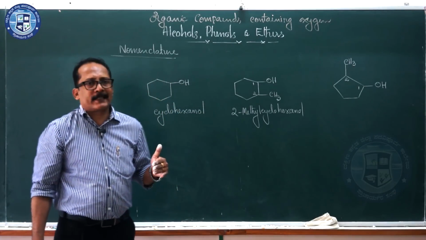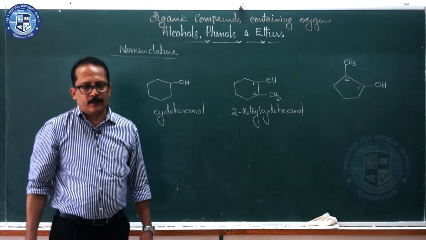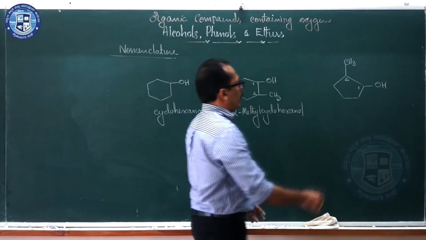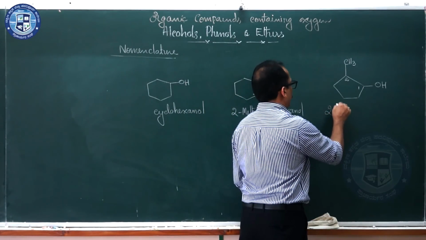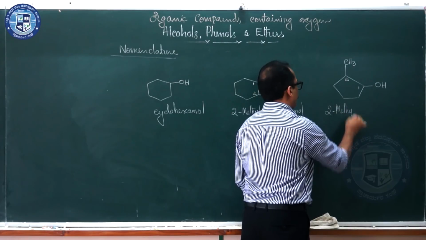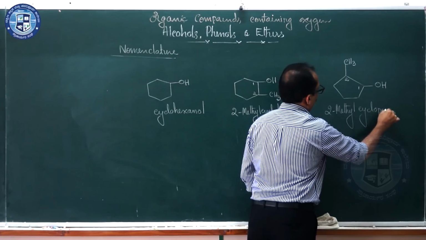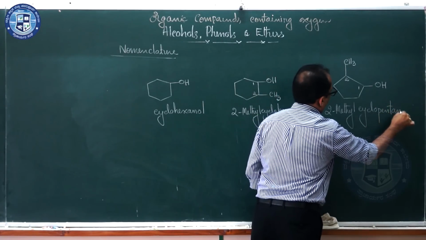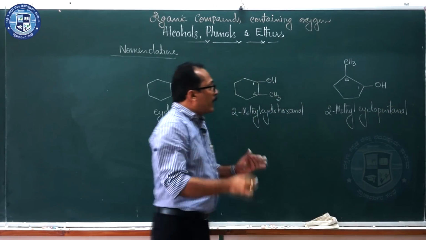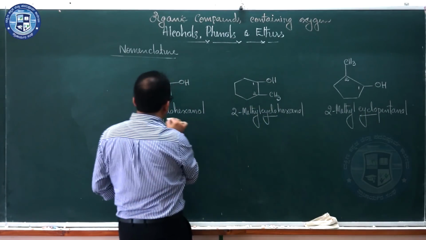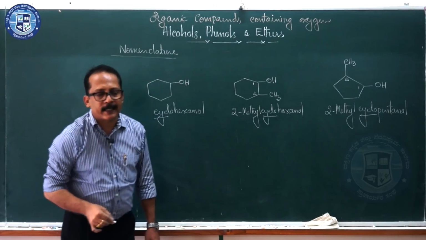At the second carbon atom, a methyl group is attached, so it is called 2-methylcyclopentanol. Here the prefix cyclo indicates it is a cyclic compound.